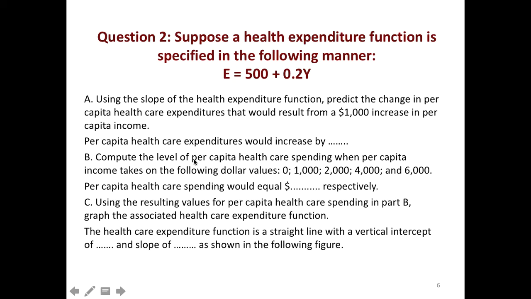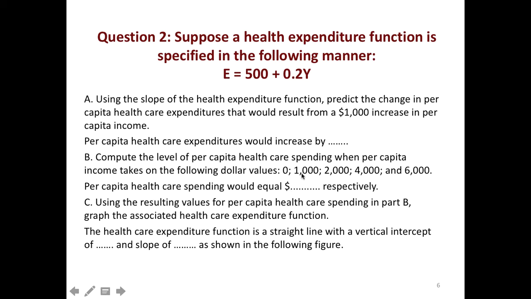But here B is asking you to compute the level of per capita healthcare expenditure, which means you have to calculate this by replacing these values instead of y. For example, for the first one, 0 multiplied by 0.2 gives you 0 plus 500, so E is going to be 500 for the first value.